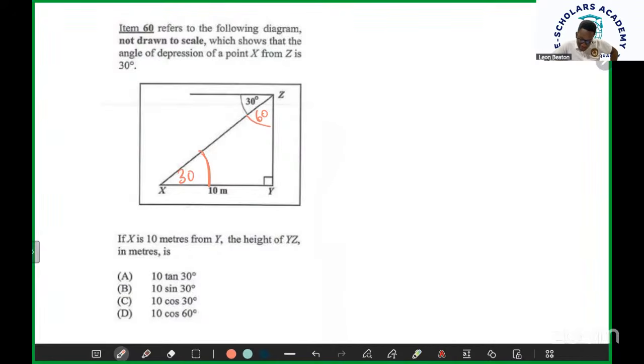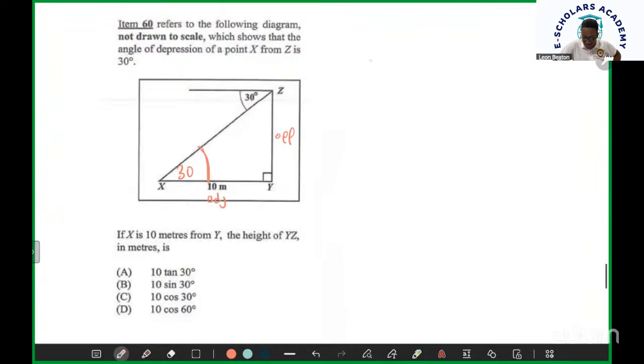Anyway, so they want us to find YZ. YZ is here. So let's use the 30 for now. So YZ would be the opposite, and the side that we're given would be the adjacent. Right? So let's see which one of the ratios we can use. So some old horses can always hear their owner's approach. So we want to find the opposite and we are given the adjacent.